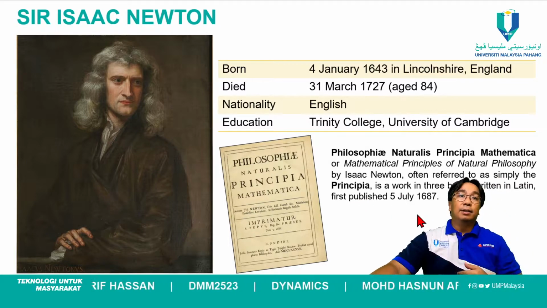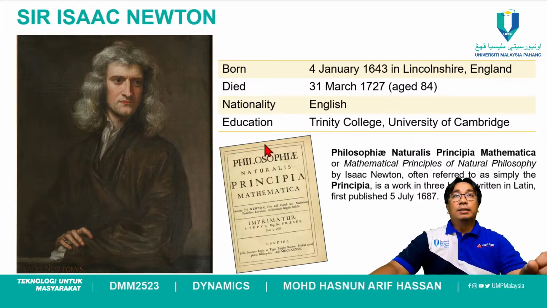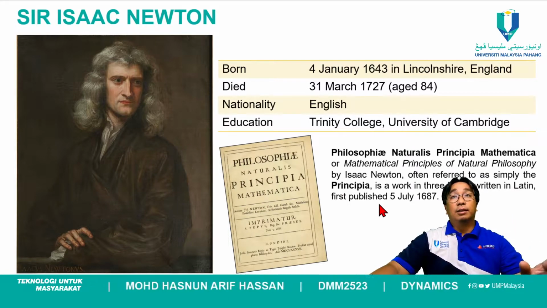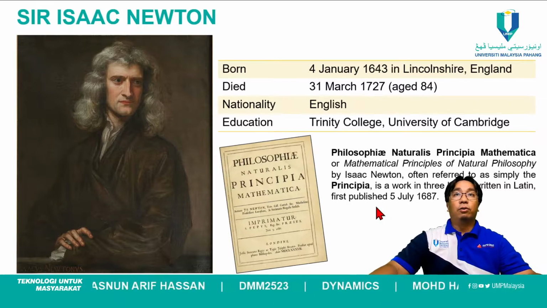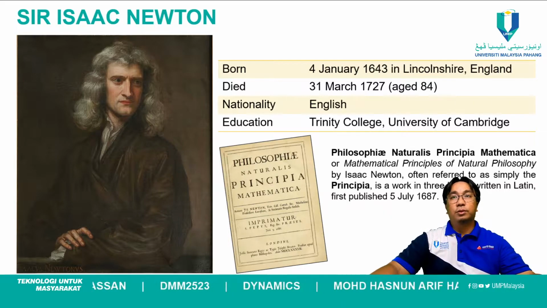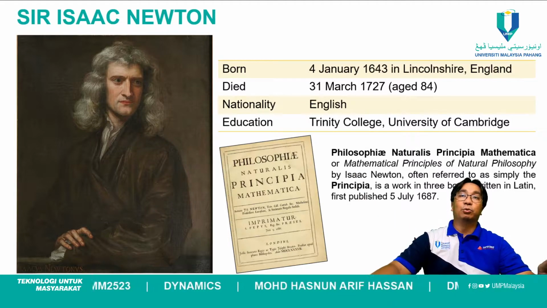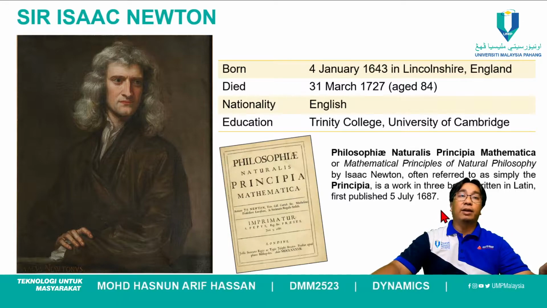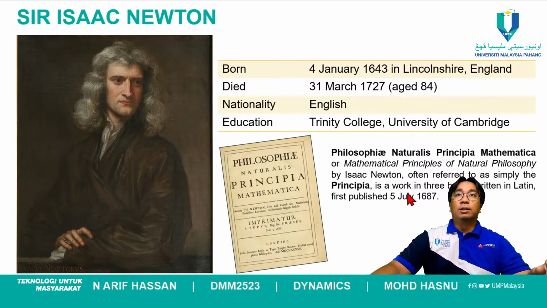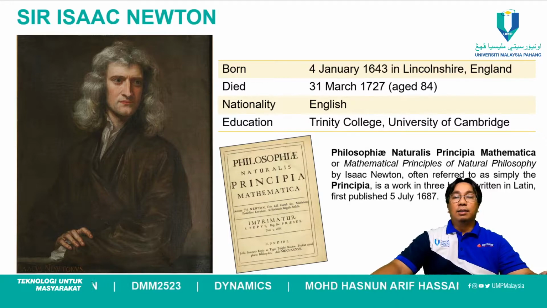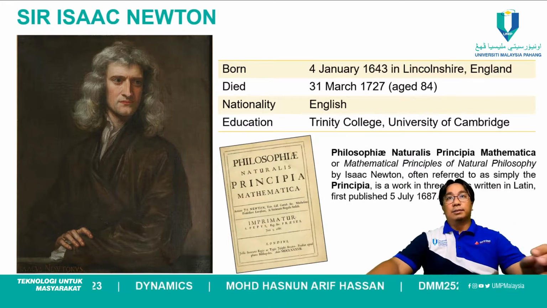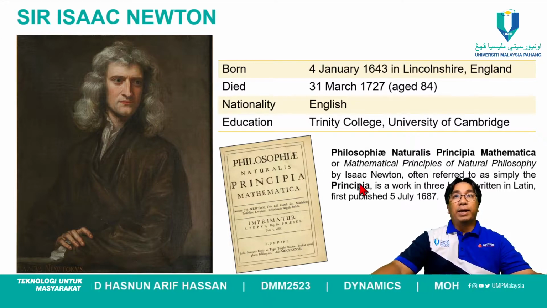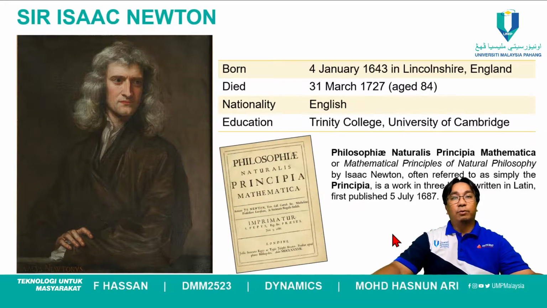In this book, Isaac Newton explained the 3 Newton's laws of motion, which we are going to use in this chapter number 2. The book was published in 1687, a very old book, published in 3 books, a series of 3. So this is a little bit about the man behind the laws that we are going to use today.